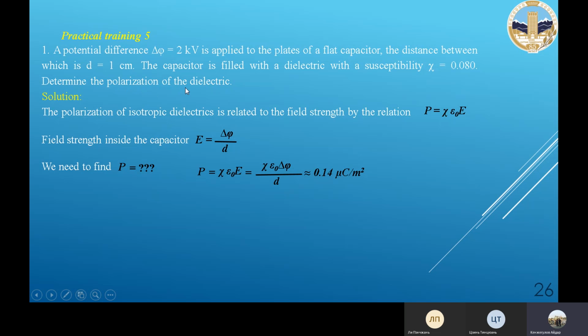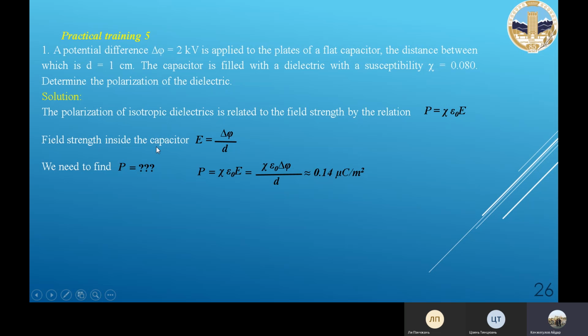Determine the polarization of the dielectric. Solution. The polarization of an isotropic dielectric is related to the field by this formula. This is the susceptibility, permittivity, and the electric field. This is the polarization.